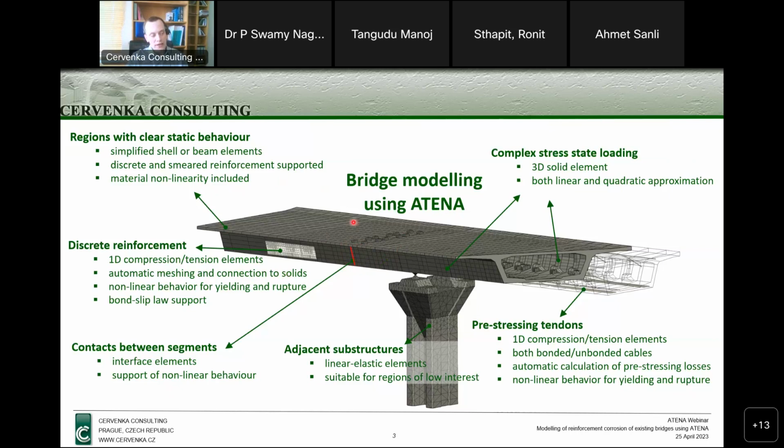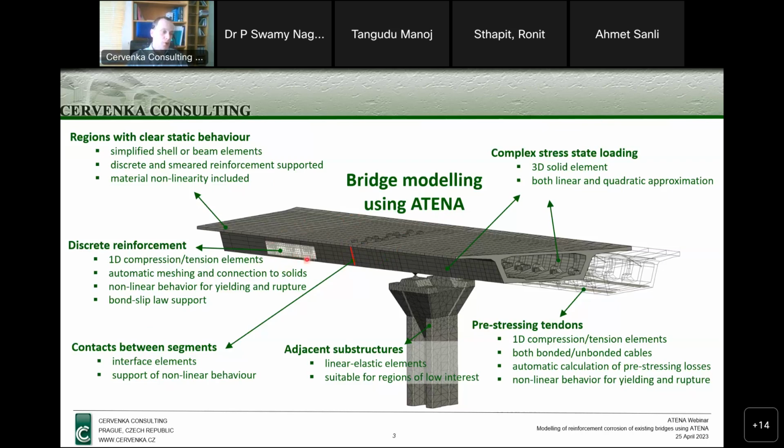For all of them, excluding the linear elastic elements, we can simulate the nonlinear behavior. This can also be done for the steel reinforcement shown here.